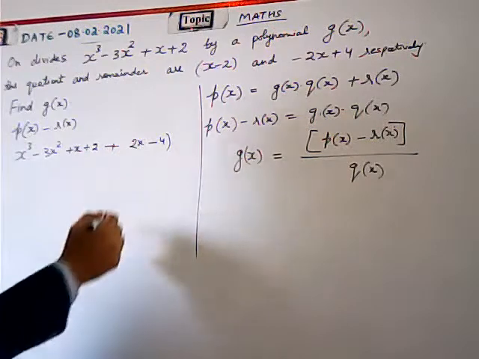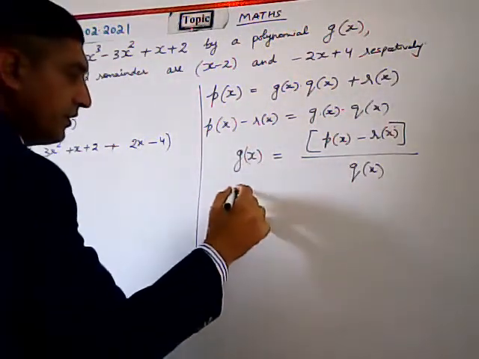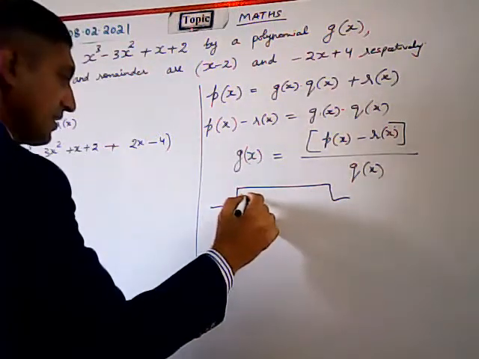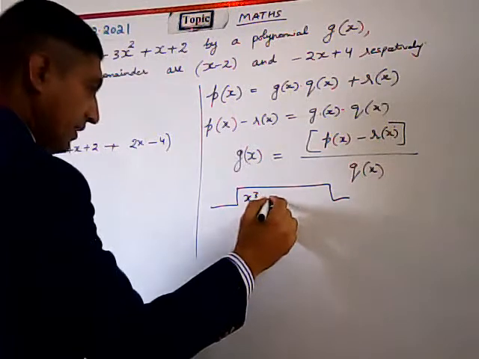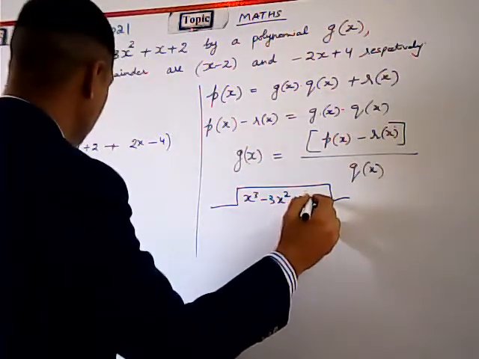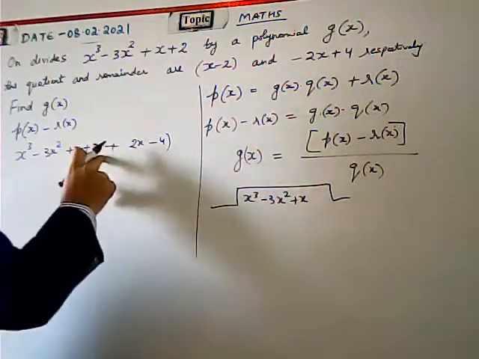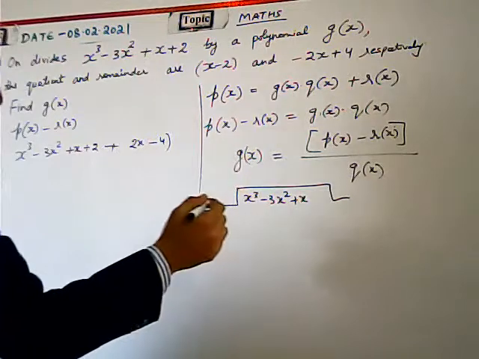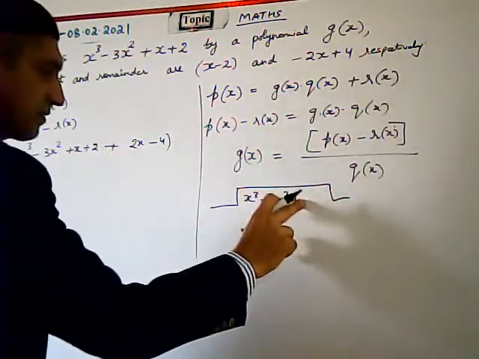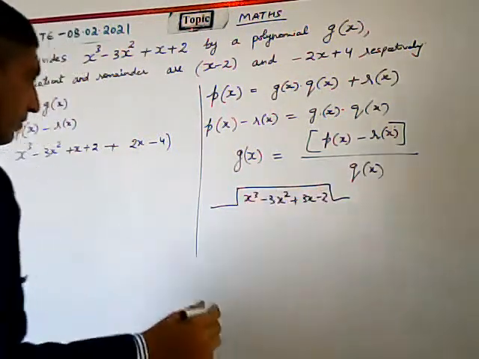After that, we will divide this polynomial, x cube minus 3x square plus x, and 2x and x will become 3x, and minus 2.